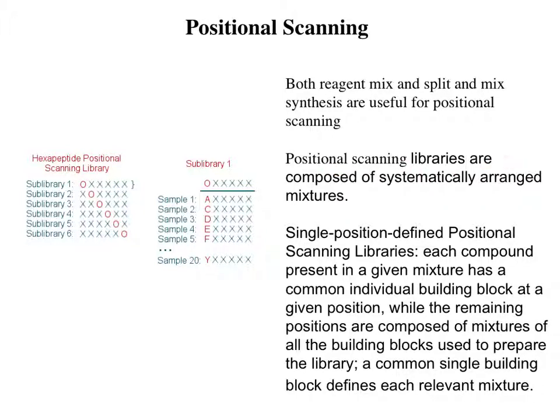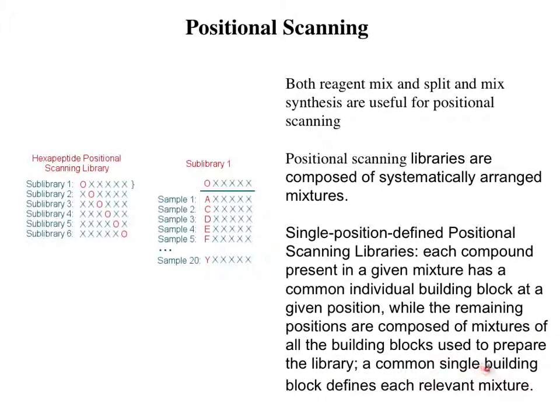Positional scanning libraries are composed of systematically arranged mixtures where you can have single position defined positional scanning libraries. Here, each compound present in a given mixture has a common individual building block at a given position, while the remaining positions are composed of mixtures of all building blocks used to prepare the library.